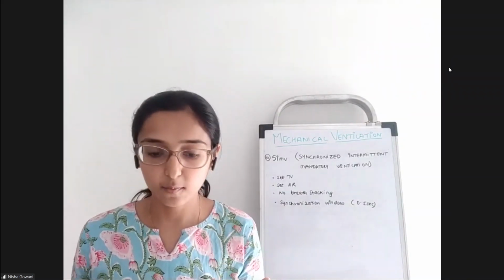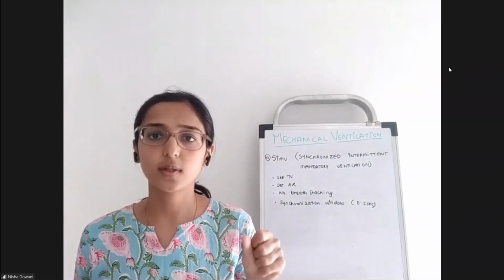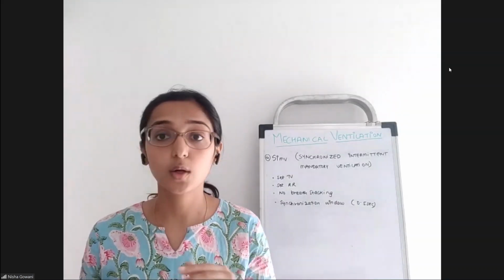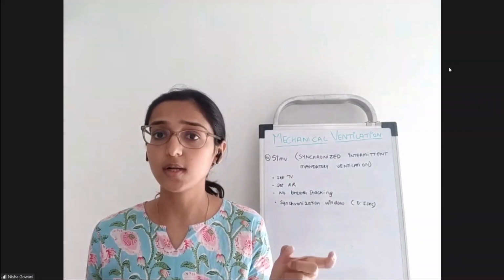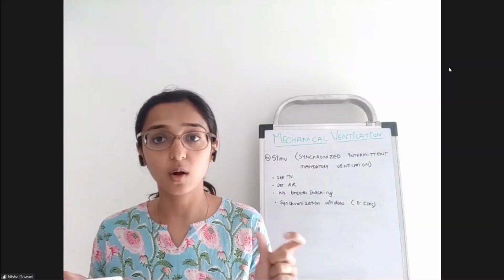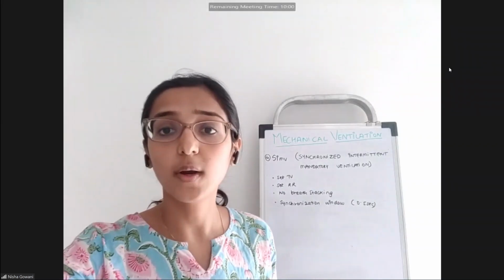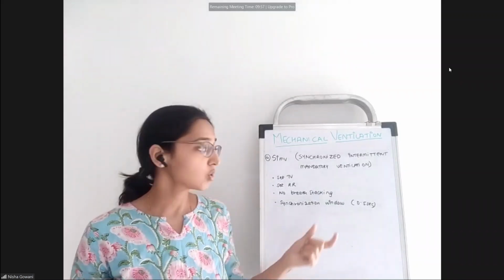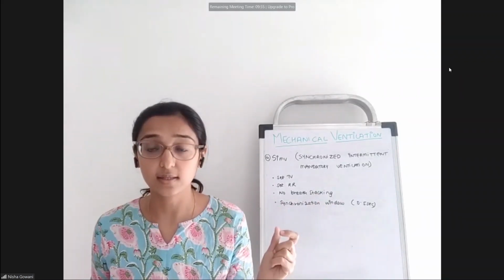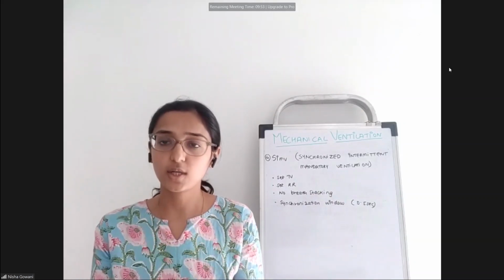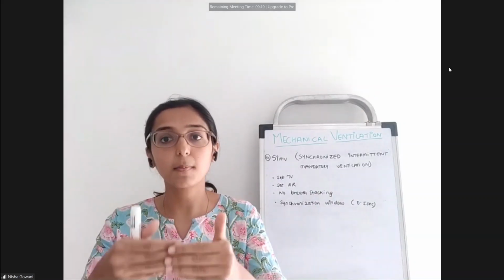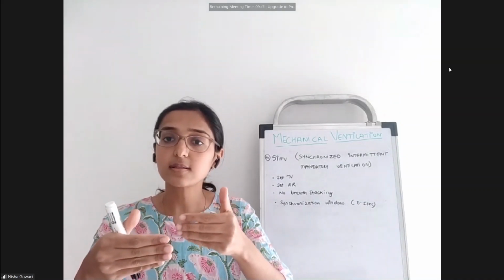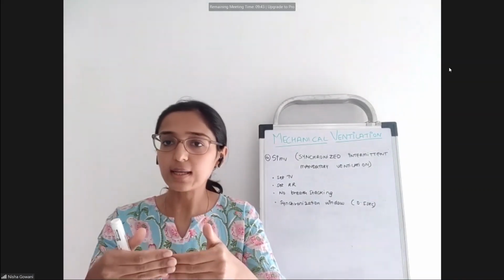Okay, so now let's understand the SIMV mode. In this mode, just like the IMV, you set the tidal volume and you set the respiratory rate. But in this mode, no breath stacking will occur. So what is the secret behind no breath stacking occurring? That's known as the synchronization window. There is something called a synchronization window, and that window is usually of 0.5 seconds. So before the machine is about to give its mandatory breath, for 0.5 seconds before that time, it will start sensing, is the patient taking any effort?